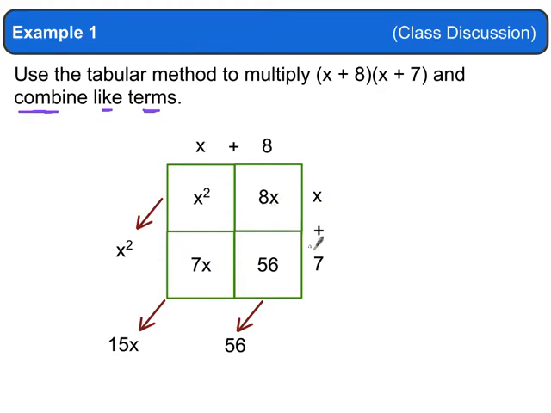If we do x times 7, we get 7x. And if we do 8 times 7, you get 56. And so in this particular case, notice the arrows that are here. We pull things out diagonally in fashion. X squared is here. 7x plus 8x is 15x. And then you have 56. And so my final answer would be x squared plus 15x plus 56.